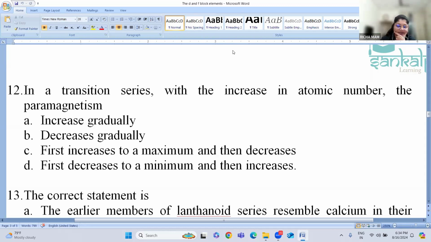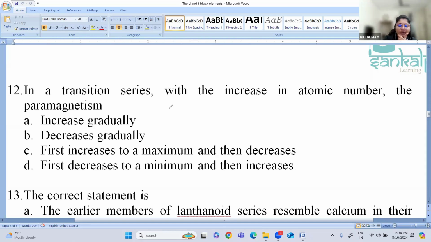Now, how does this paramagnetism affect? So there is paramagnetism, diamagnetism, ferromagnetism.